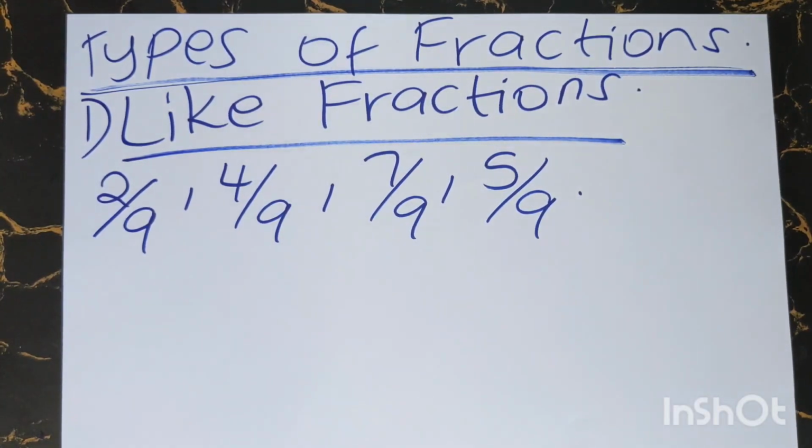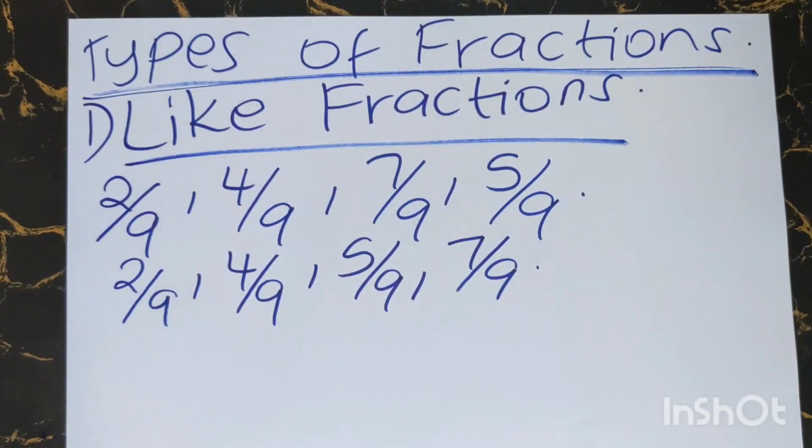Ascending order is basically arranging them from the smallest to the largest, okay? So here we are basically only arranging the numerators in order because the denominators are all the same, okay?